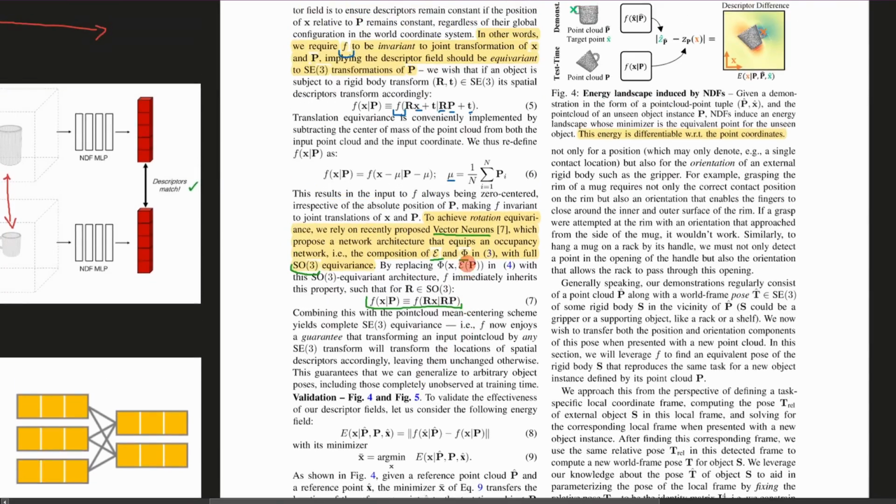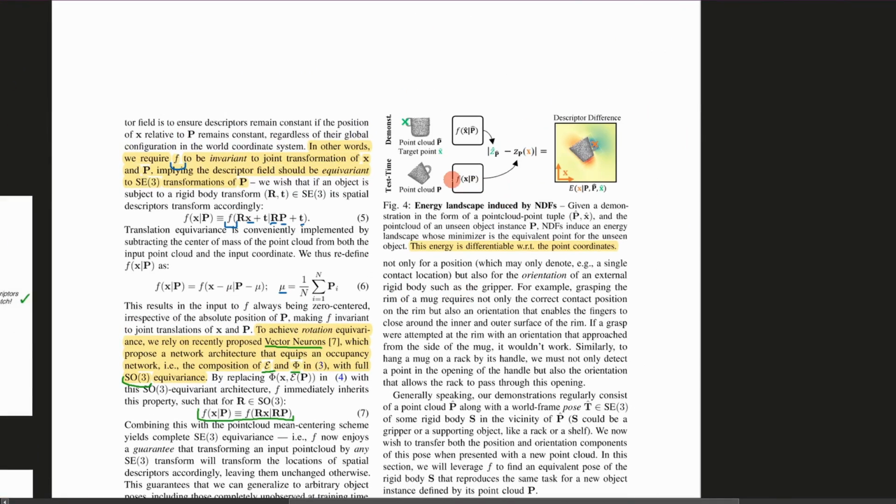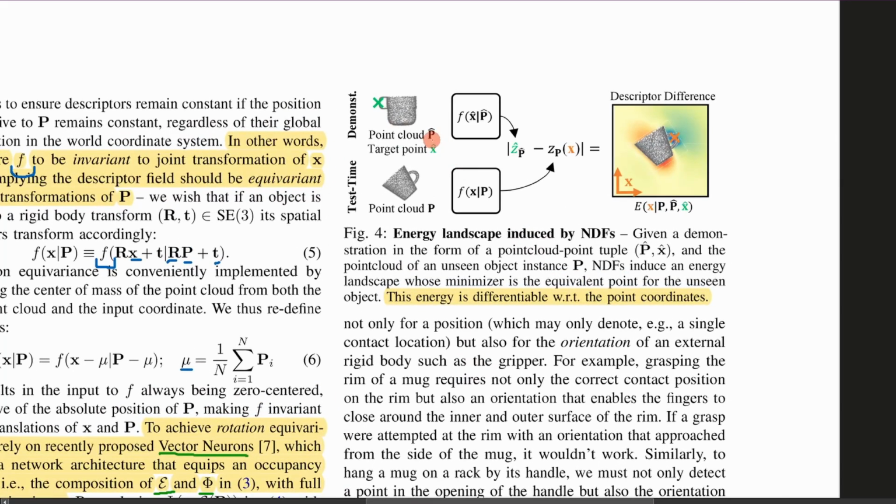Okay, let me use their visualization because it's going to be easier. So imagine P hat is, you can treat this as a demonstration, a mug that was used during demonstration, and P is the one used during the test time, okay?